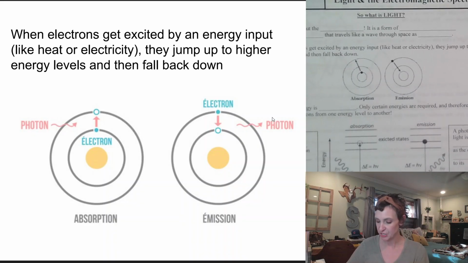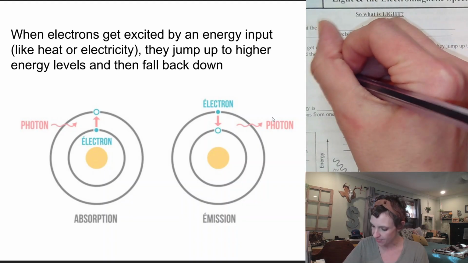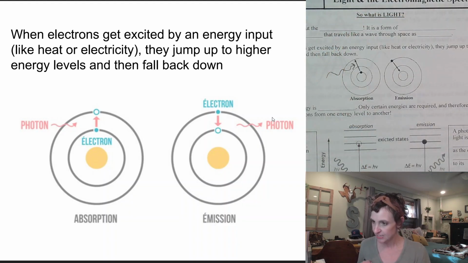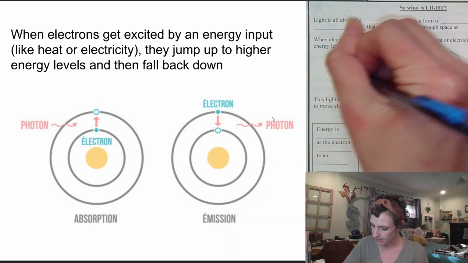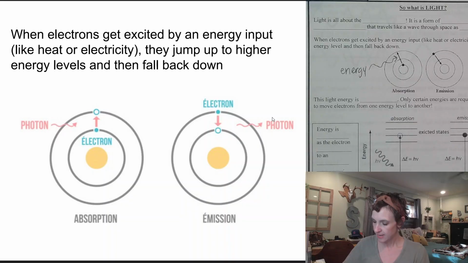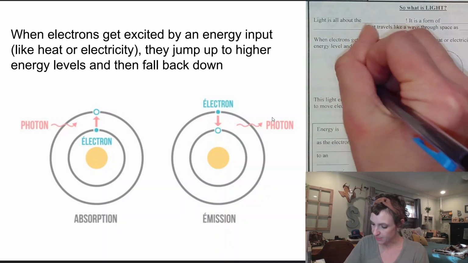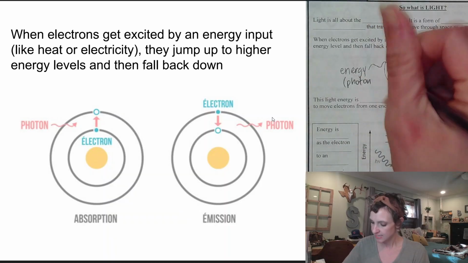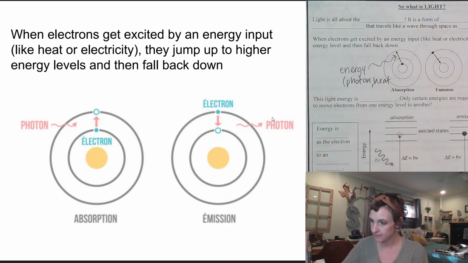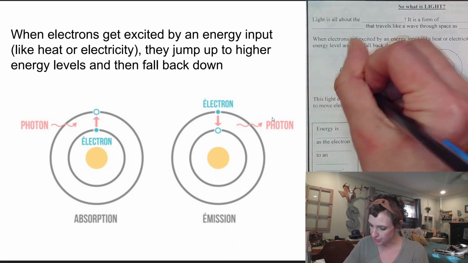So on our cute little picture right here, what we're going to show is we're going to add those energy sources coming in. So we're going to say that this is energy. And a lot of times that can be light, like a photon. Sometimes it can be heat. Sometimes it can be electricity.